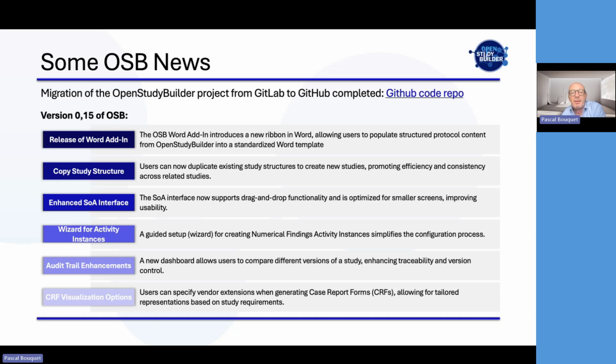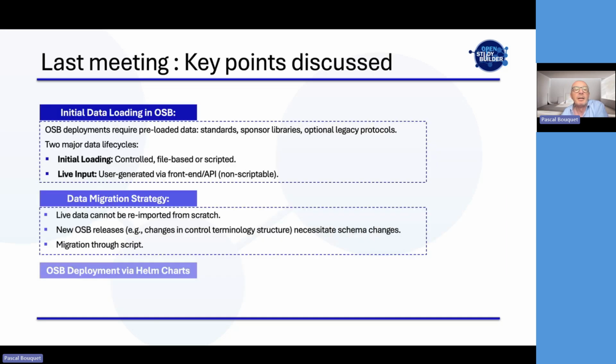This is fully aligned with ICH M11. We have a copy study structure, new functionalities, an enhanced schedule of assessments interface, a wizard for activity instances, enhancements in the audit trails, and CRF visualization options. All new great features that you can find in the latest version of Open Study Builder.